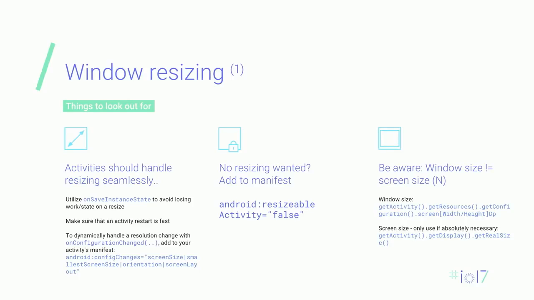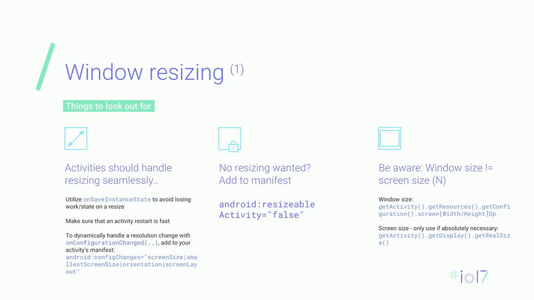If you don't want to be resized, you can put into your activity resizable false, which is for the most part true. There are some edge cases where you can get resized, but usually this is true. And your window size will not be the display size, for sure.